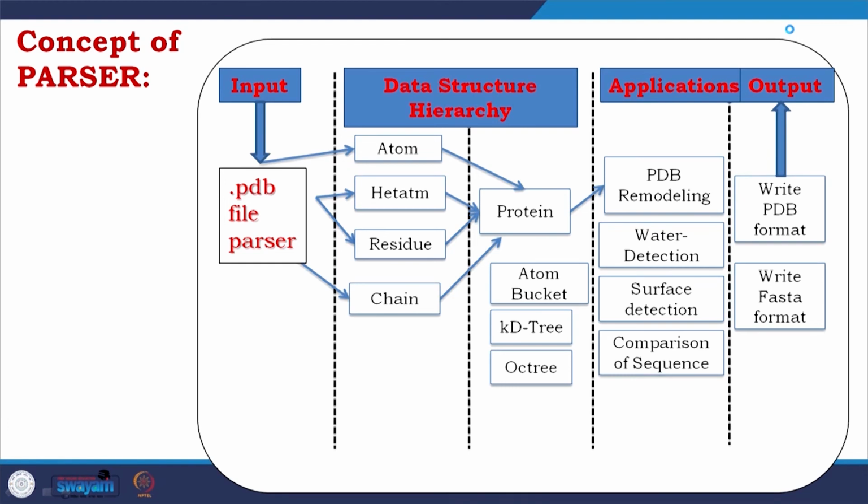This parser will take your protein and divide it into hierarchies, and that would make it easier to provide further outputs, like PDB remodeling, water detection, surface detection, comparison of sequence, and many thousands of applications are possible. So, there are a lot of scopes for future research, because with new techniques being incorporated, we need to have flexible architectures to come.